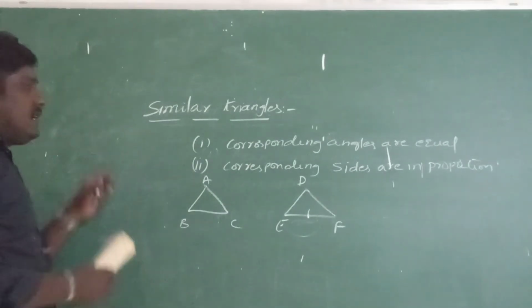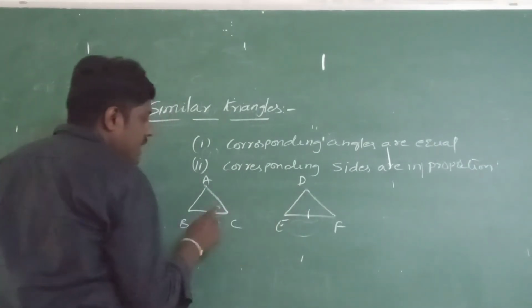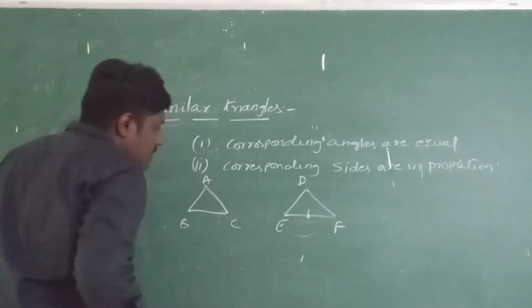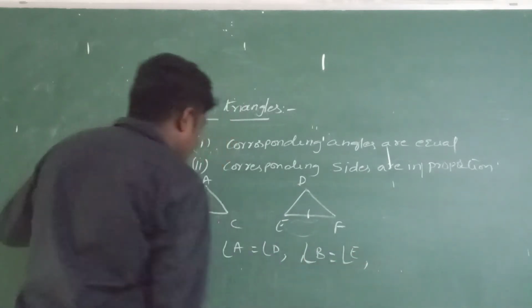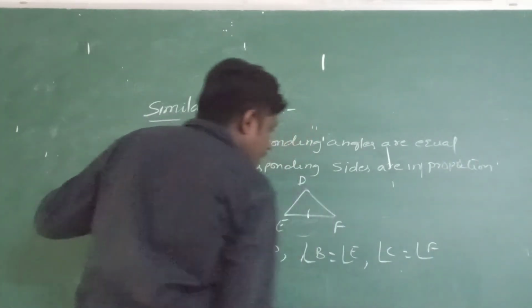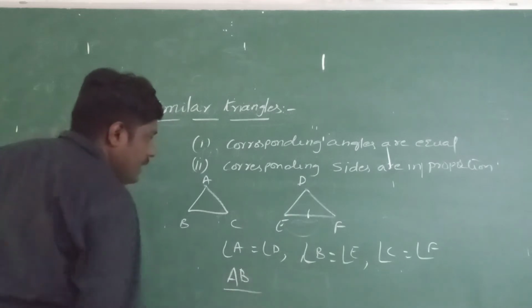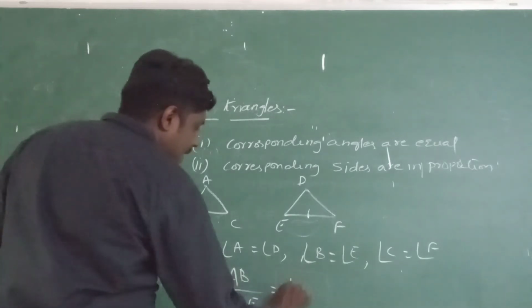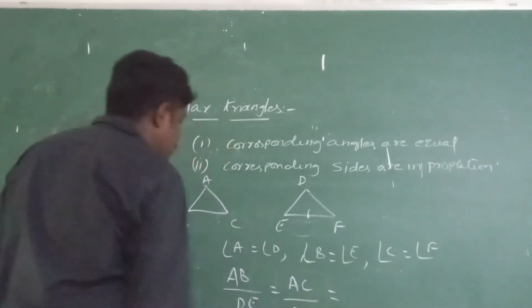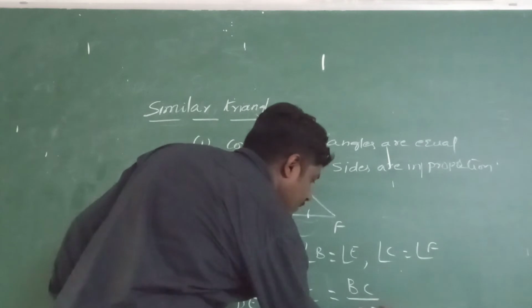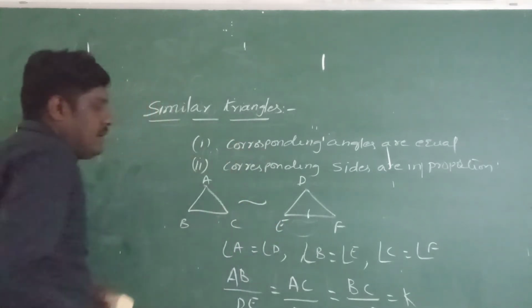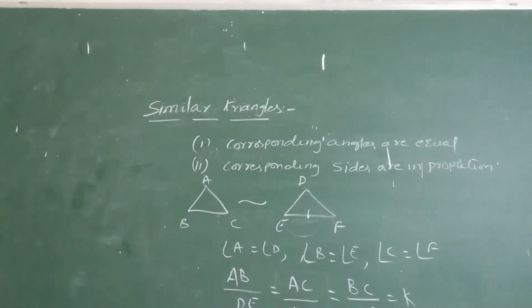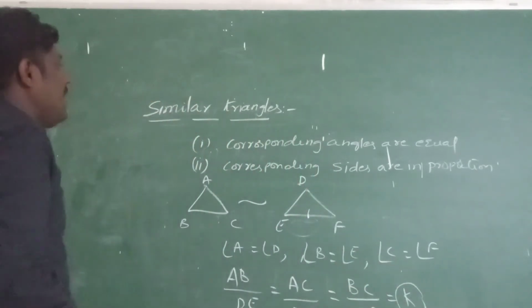Angle A corresponds to angle D, angle B corresponds to angle E, angle C corresponds to angle F. Suppose angle A equals angle D, angle B equals angle E, angle C equals angle F, and the corresponding side ratio AB by DE equals AC by DF equals BC by EF equals some constant K. In this case, we call these two triangles similar. This K is called the scale factor.